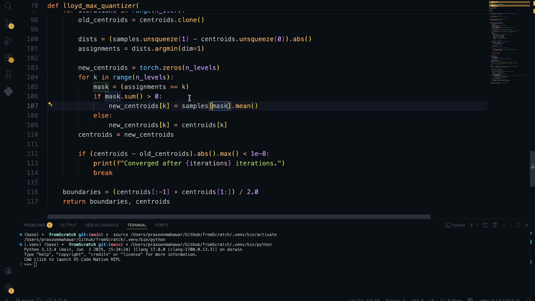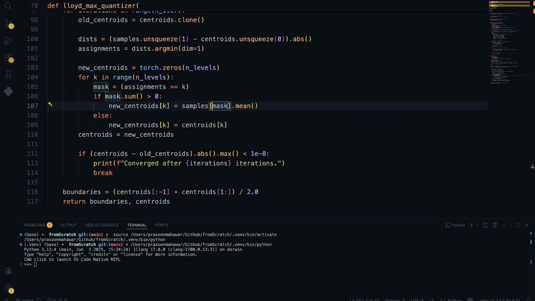The centroid update, samples mask dot mean, sets each centroid to the mean of all samples assigned to it, the conditional mean of the distribution in that region. For MSE, the optimal representative for a region is the mean, not the midpoint or anything else. The key insight: by running this algorithm once and pre-computing the codebook, we avoid any per-vector computation for codebook design. The codebook only depends on the distribution, which is known after rotation.